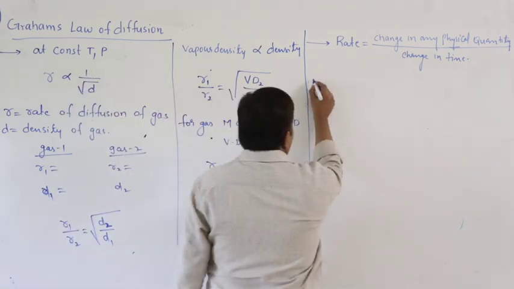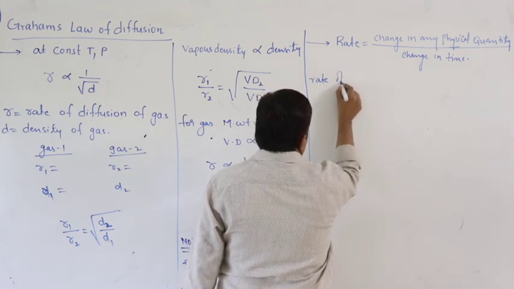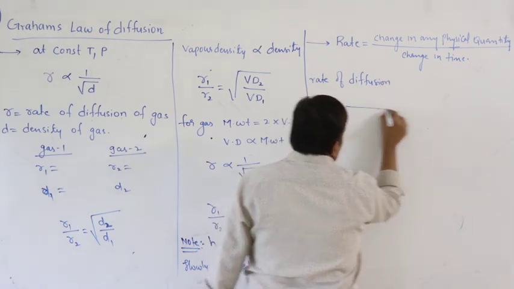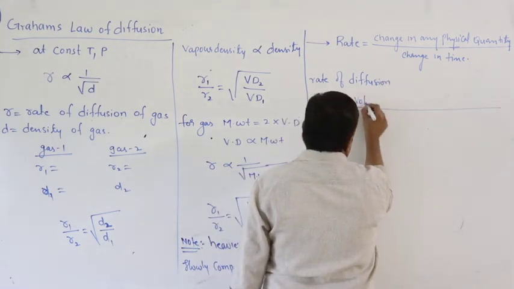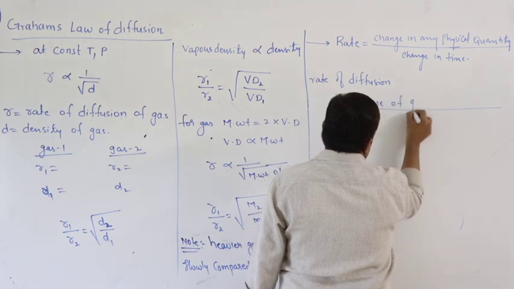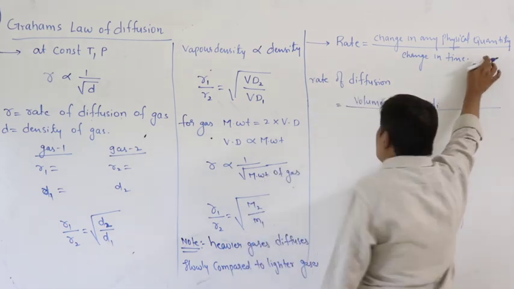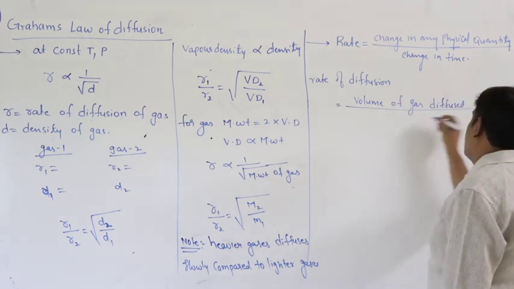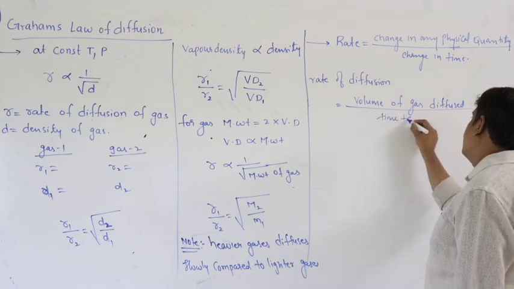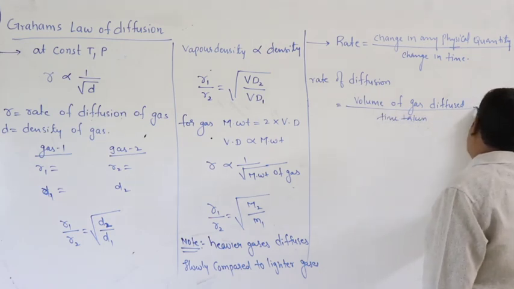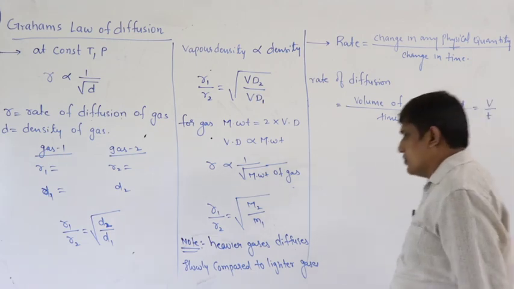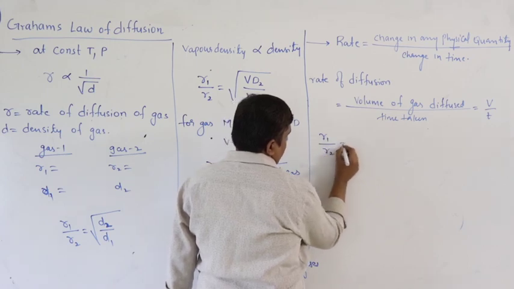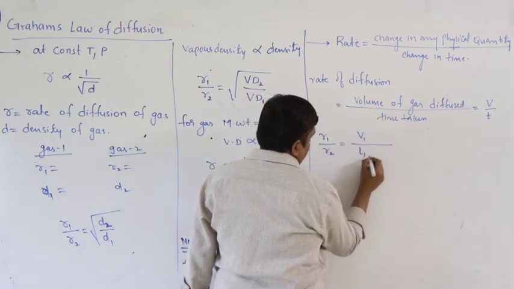So rate of diffusion can be defined as volume of gas diffused by time taken, or simply V by T. So for two gases, R1 by R2 equal to V1 by T1.